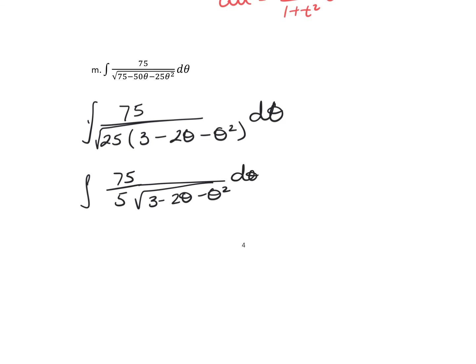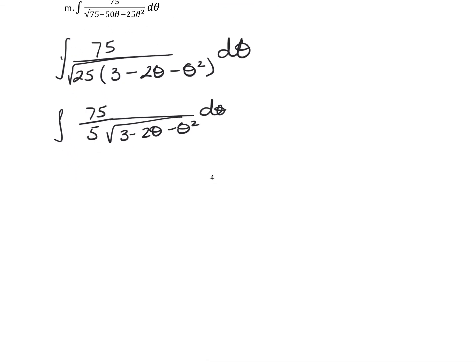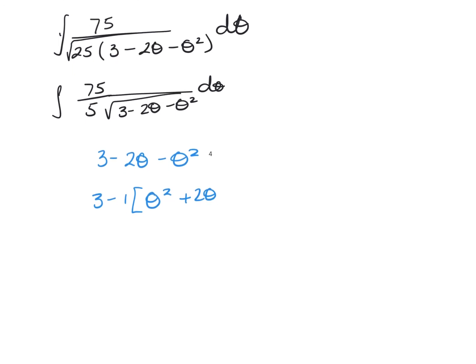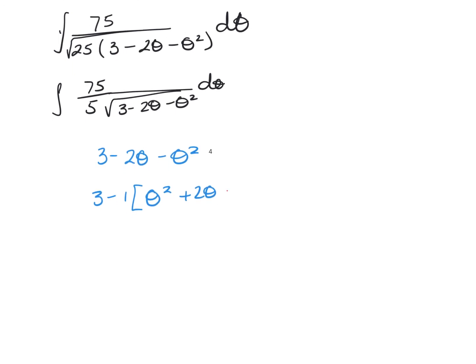And you're thinking, is this one of those ones that she's going to talk about later? And the answer is no. What we're going to do is focus in on the 3 minus 2 theta minus theta squared. I'm going to rewrite this as 3 minus, I'm going to pull out a -1, and then I'm going to have theta squared plus 2 theta. Now, what I'm going to do is complete the square.